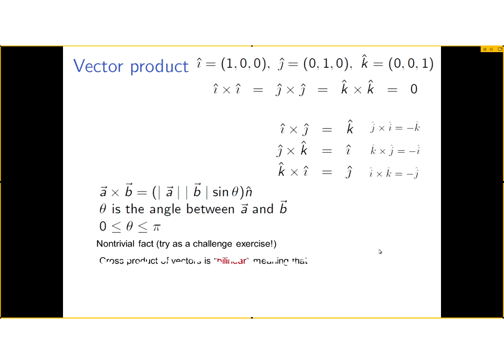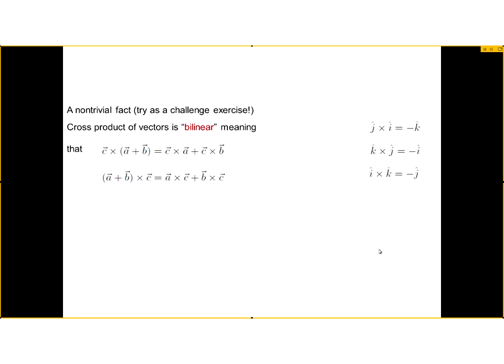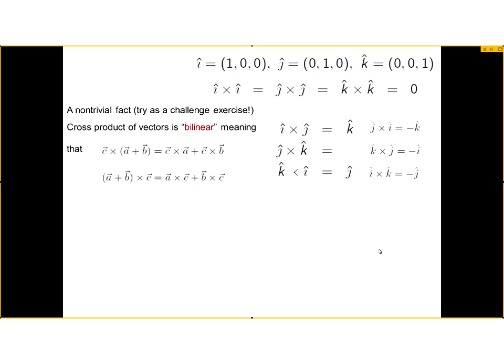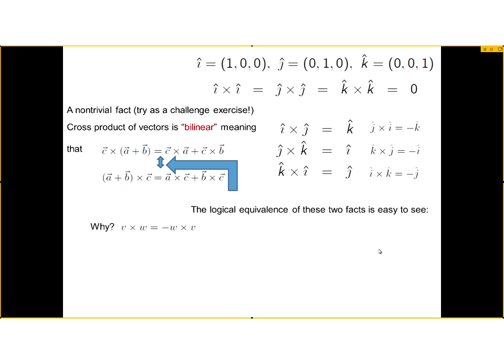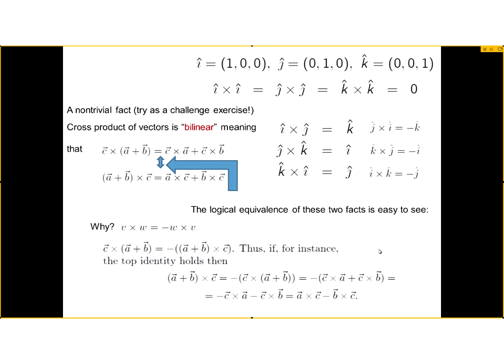A non-trivial fact, try it as a challenge exercise. The cross product of vectors is bilinear, meaning that C cross (A plus B) is equal to C cross A plus C cross B, and (A plus B) cross C is equal to A cross C plus B cross C. The logical equivalence of these two facts is easy to see.